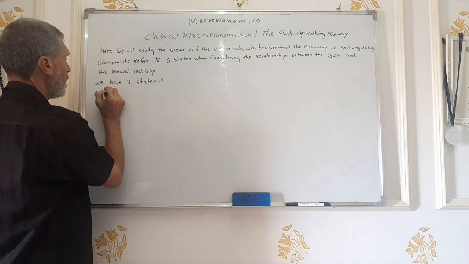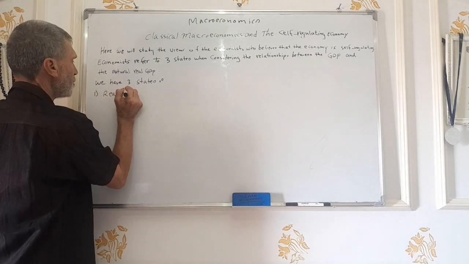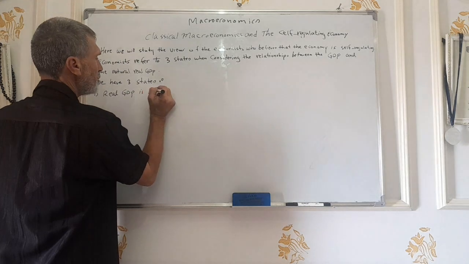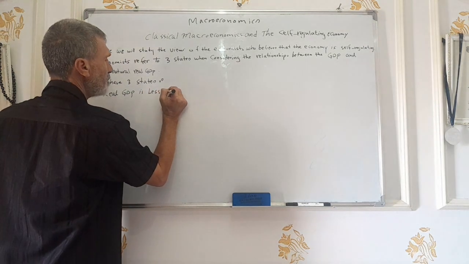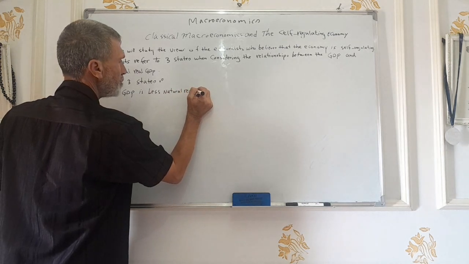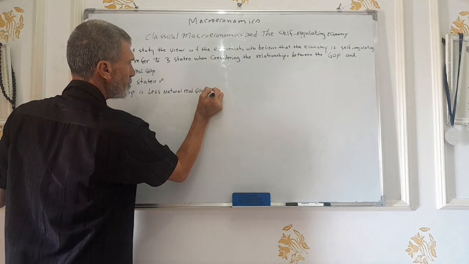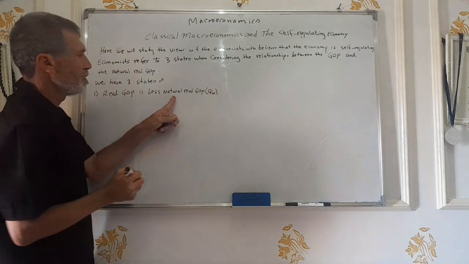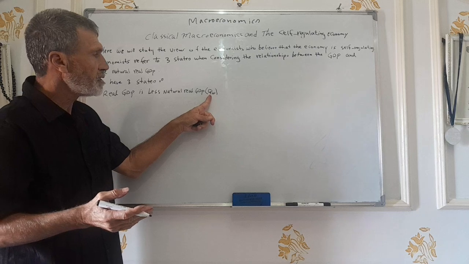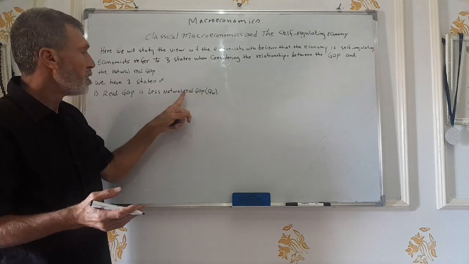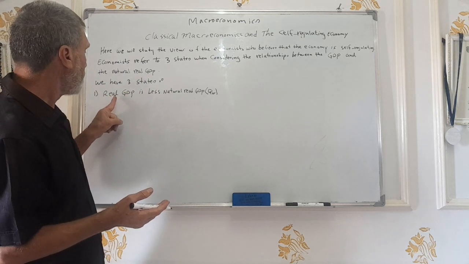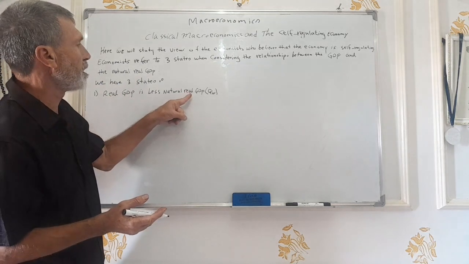First, real GDP is less than natural real GDP. And natural GDP, or full employment output, or potential GDP, we denote by Qn. We use Qn to refer to the natural GDP. So this is the first case: real GDP is less than natural real GDP.